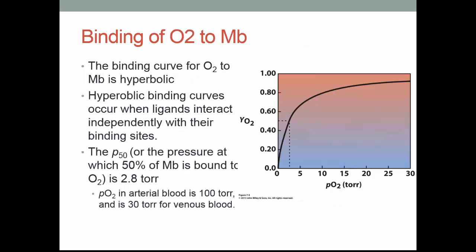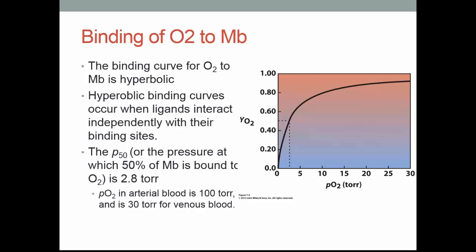The binding of oxygen to myoglobin at increasing oxygen pressure or increasing oxygen concentration can be described as hyperbolic, meaning that the binding of one oxygen molecule to one myoglobin does not affect the binding of additional oxygen molecules. Now, this makes sense because there is only one binding site for oxygen on each myoglobin molecule. But let's take the example of hemoglobin, which has 4 binding sites for oxygen.